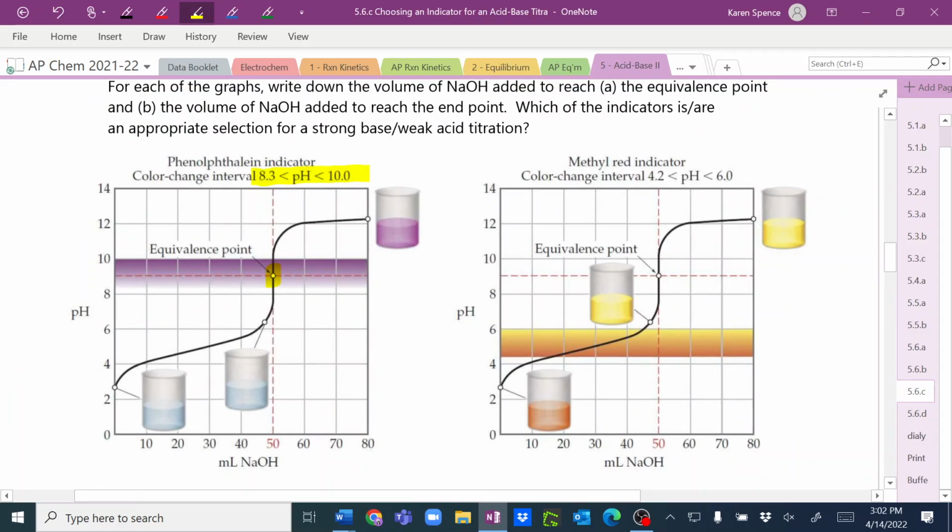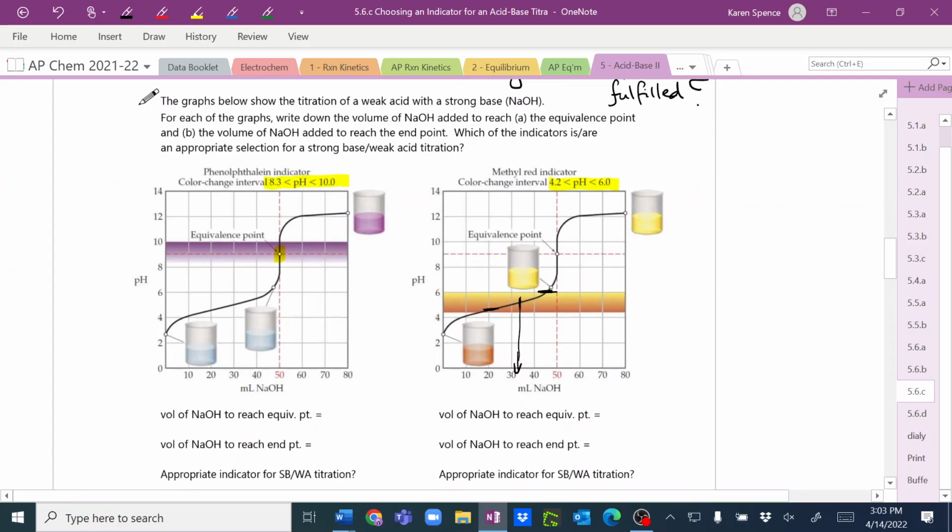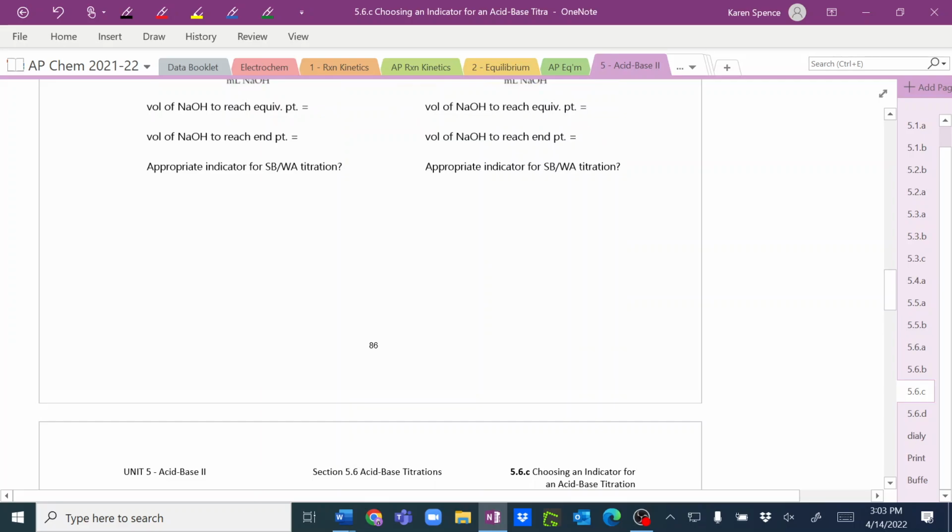Methyl red changes from 4.2 to 6.0, which is happening here, right? From there to there, and sort of the midpoint there would be there. Oh, that doesn't look so good, does it? Okay. So that's really all there is to that.